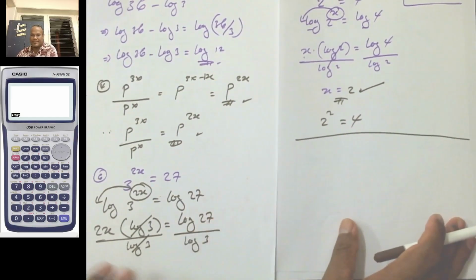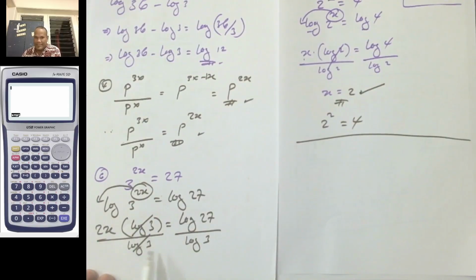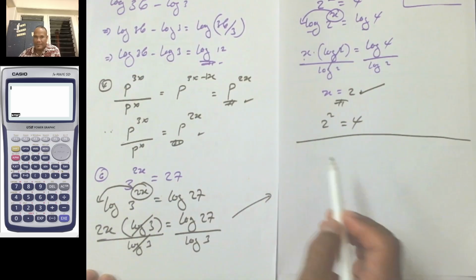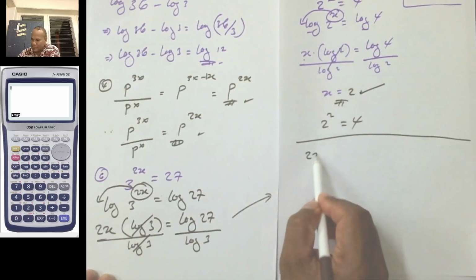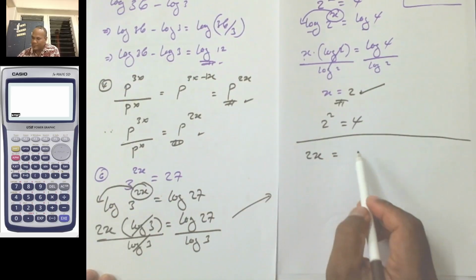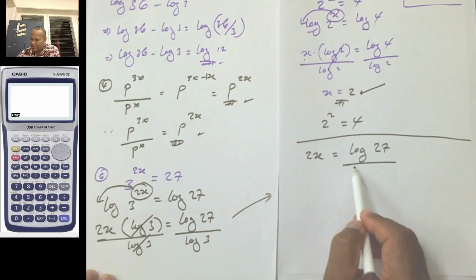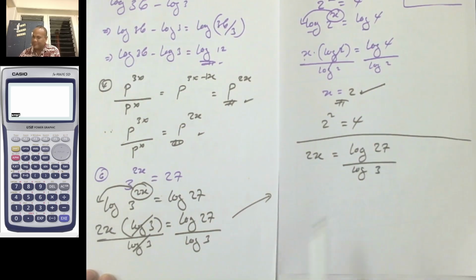These are divided, so we're left with 2x is equal to log 27 over log 3.